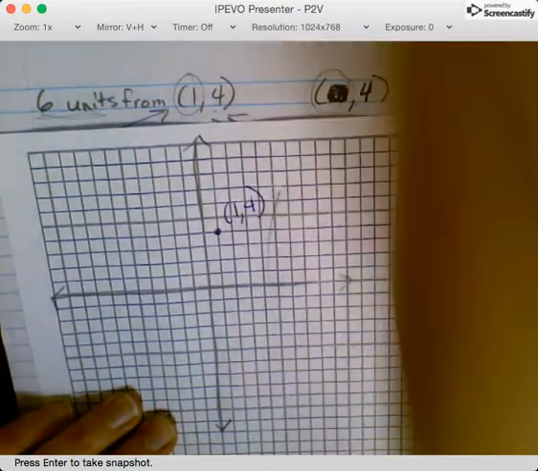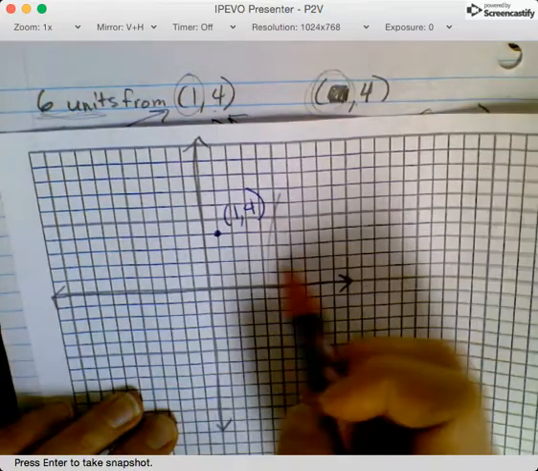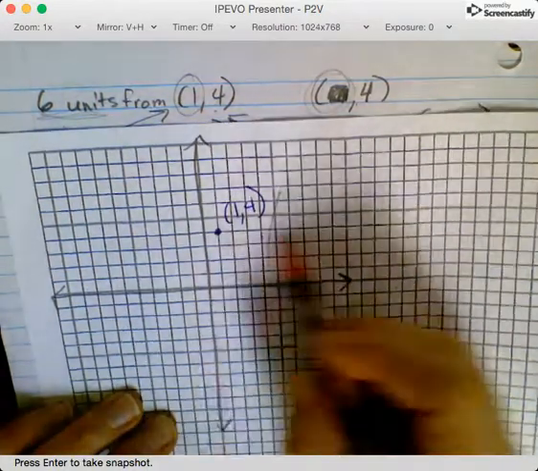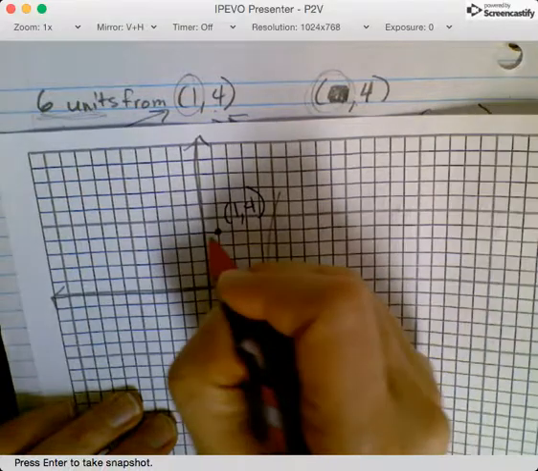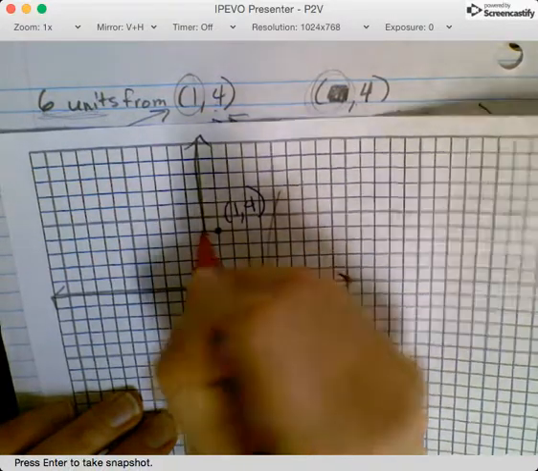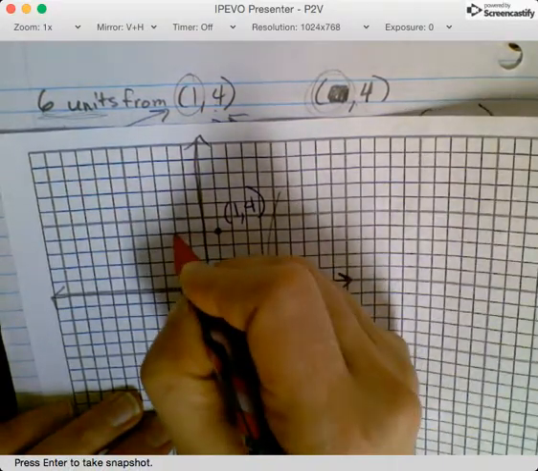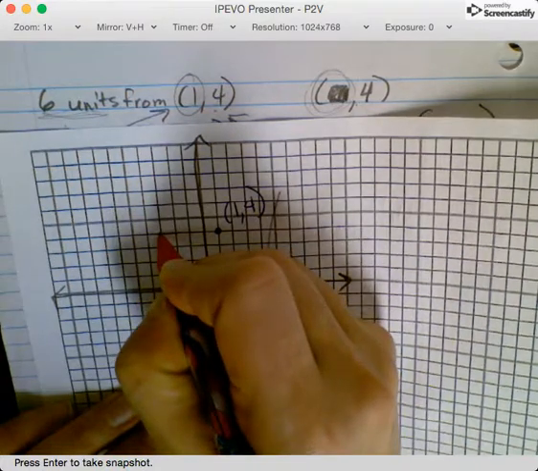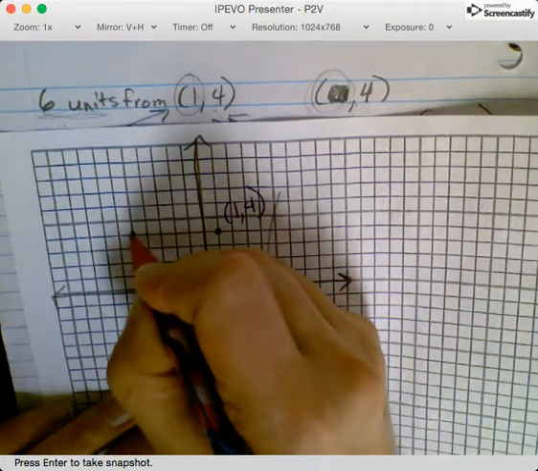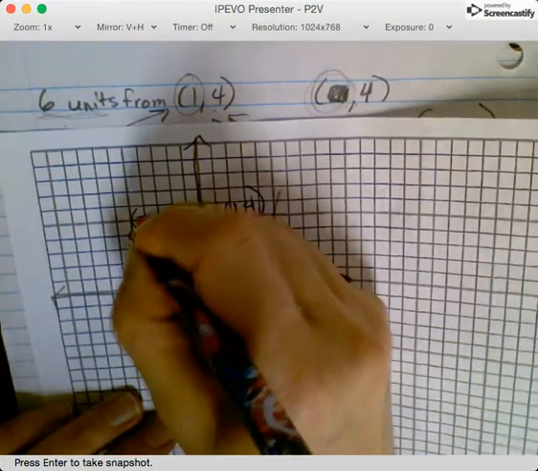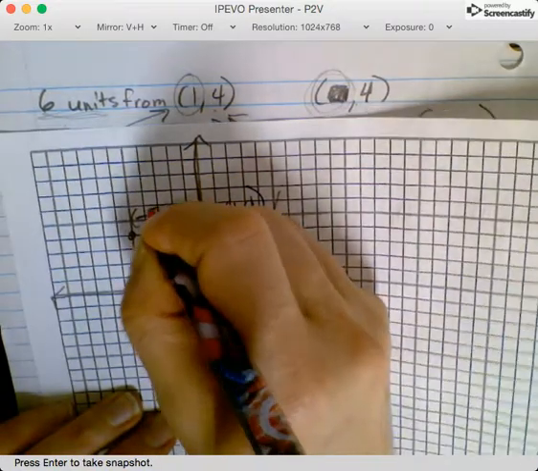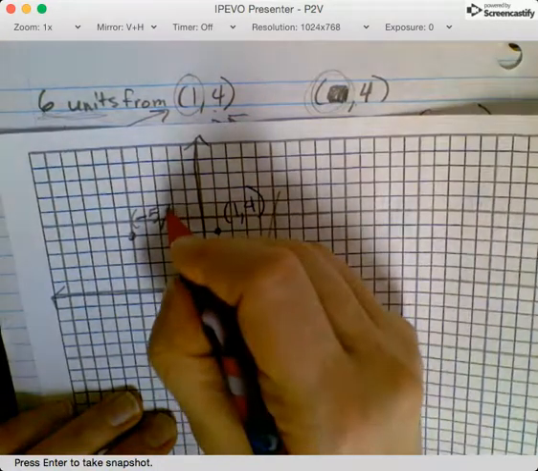That's my original. Remember, my second number was 4, so I know I'm going to the left or to the right. I'm going to go 6 units to the left. 1, 2, 3, 4, 5, 6. And that would be negative 5, positive 4.